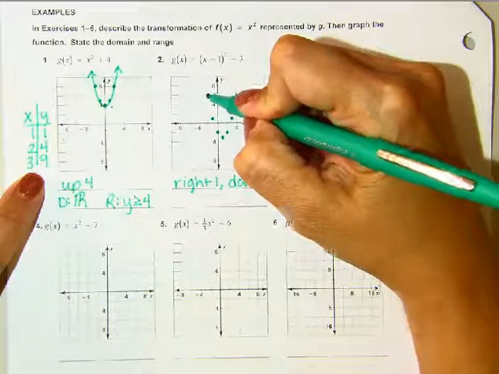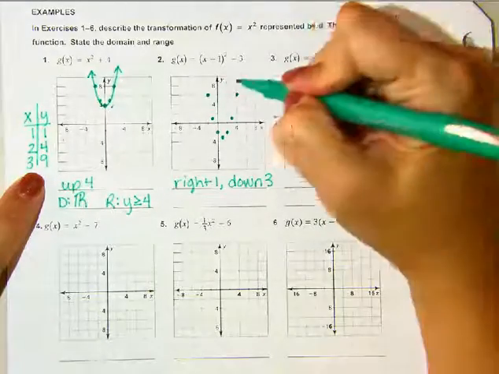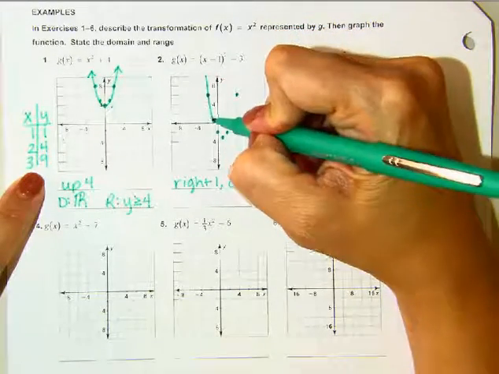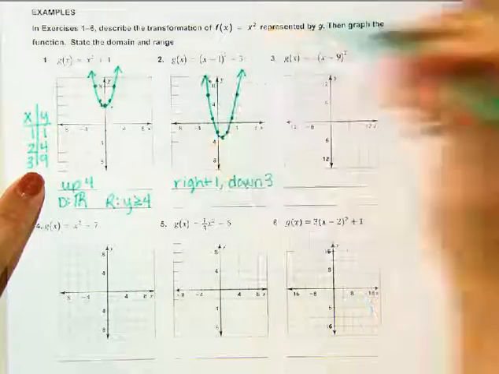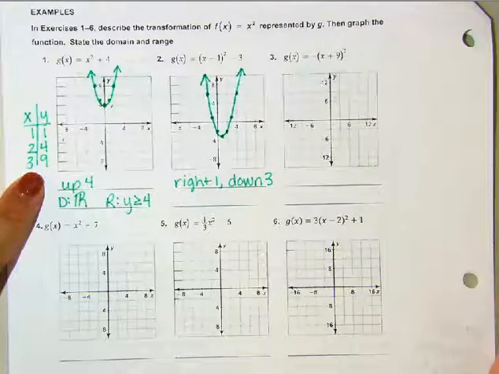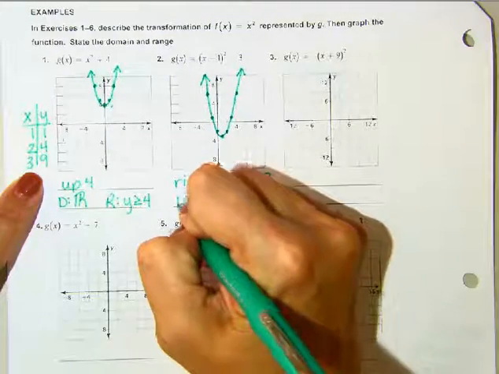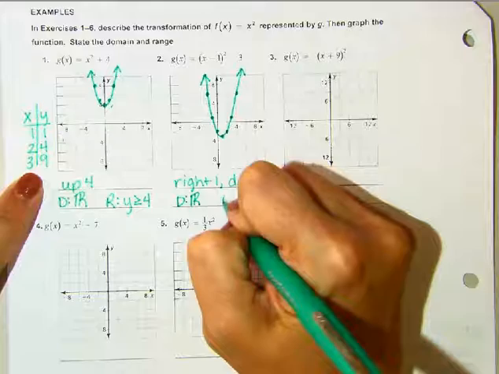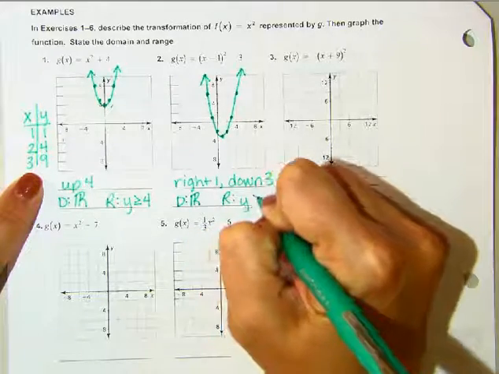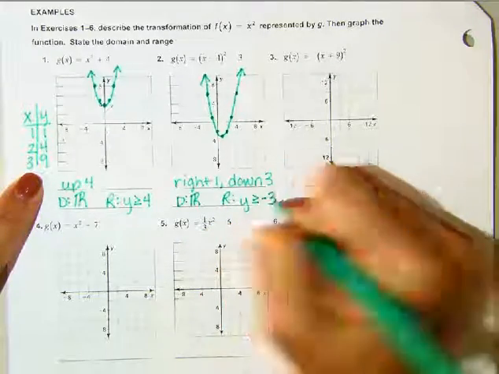And we also go to the left side, so it's mirrored. And then we connect, making sure that's a curve. And then we state our domain and range. Well, my domain is all real numbers. And my range is y is greater than or equal to a negative 3.